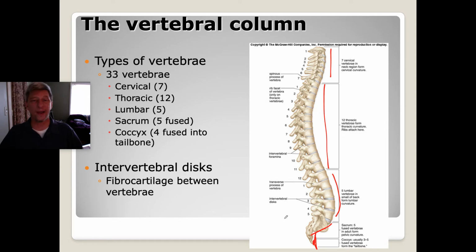And so you've got 9 vertebrae that do not have vertebral discs between them, but all of the others, you can see this is an intervertebral disc here and here. And they are hard cartilage, fibrocartilage, that sit between those bones.